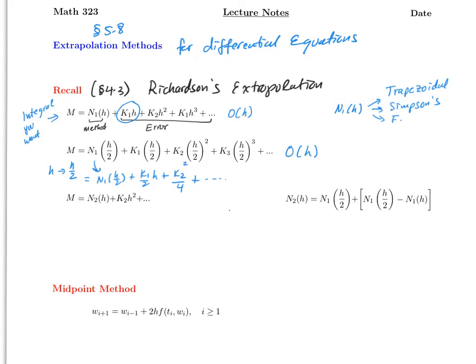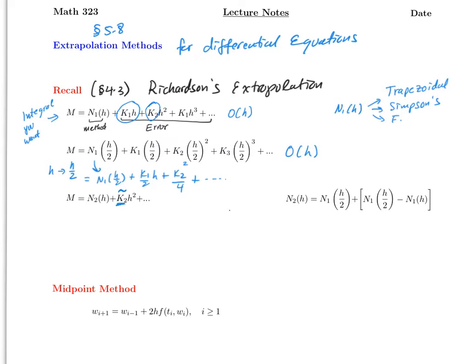Again, we have done this before. And then if you combine these two, you can get rid of the h term, so this will be gone. And when you do the algebra, you end up with something like this. This K2 is not the same as the previous K2, it's just a constant.